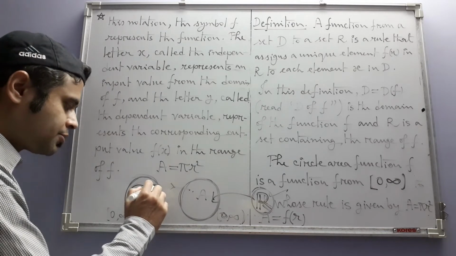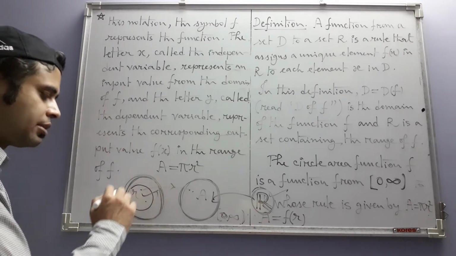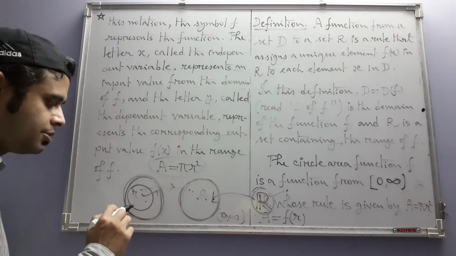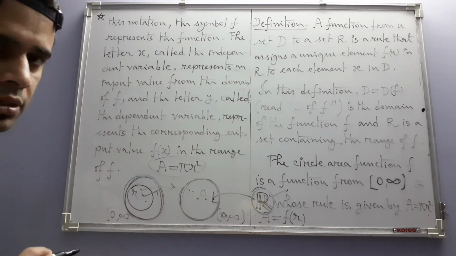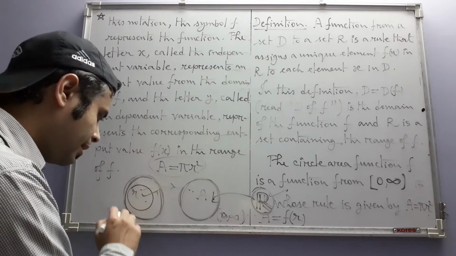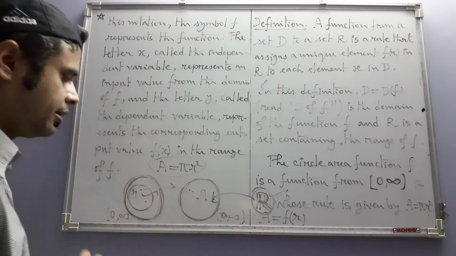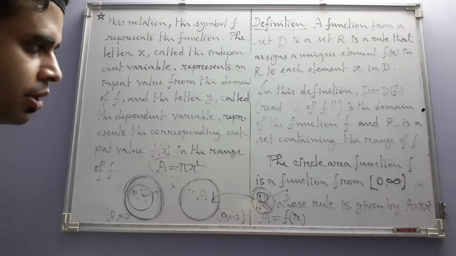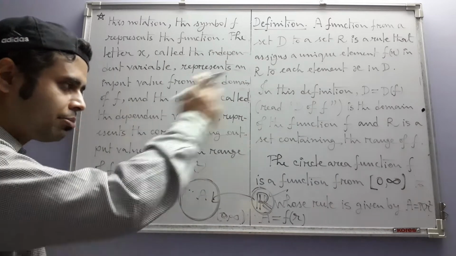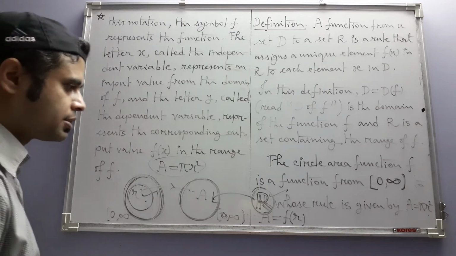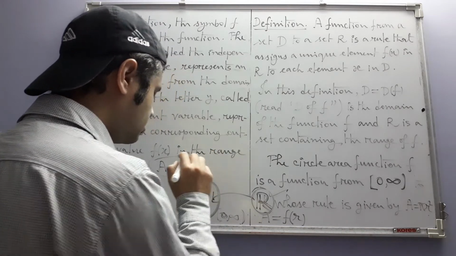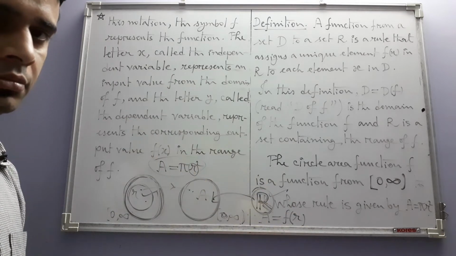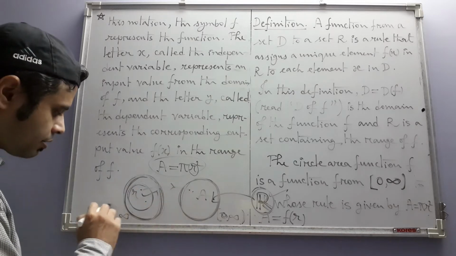The absolute largest possible set of all inputs for which this formula makes sense, that is called the natural domain of the function. Instead of taking that largest possible set, you can in fact take a smaller set as the domain. You will technically get a different function. For example, instead of considering all possible circles, you are say considering circles whose radii are all positive integers. Then clearly this is not the domain.